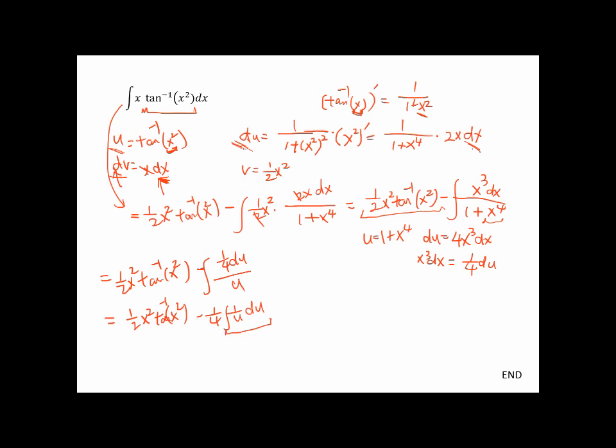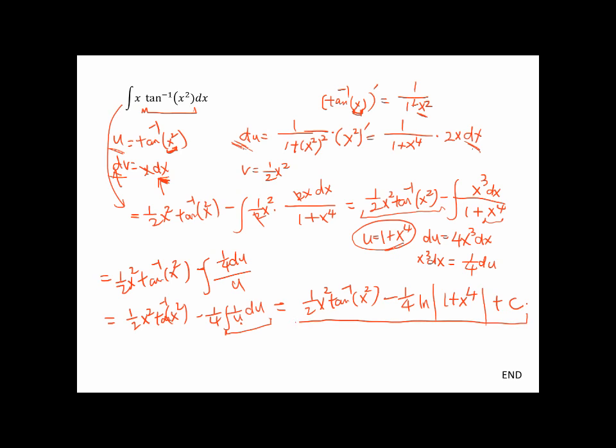This comes again. So it equals 1/2 x squared arctangent x squared minus 1/4 ln absolute value of u, right? What is u? This is a substitution u, right? 1 plus x to the fourth, plus c. Okay, so this is my answer.